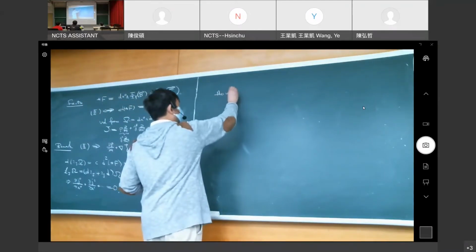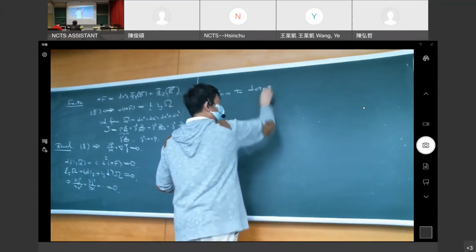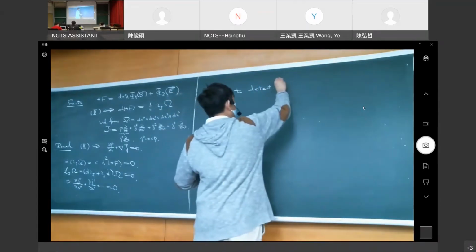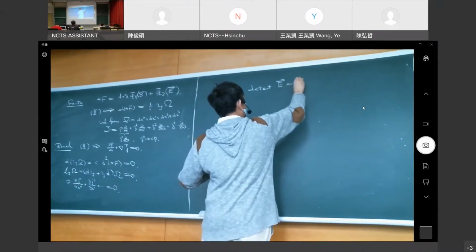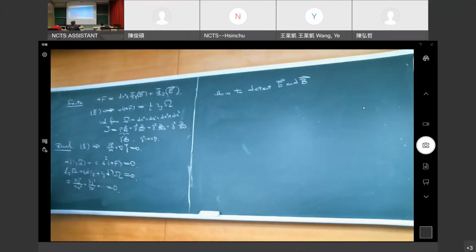We have to answer the question of how to detect E and B concretely. Once we have E and B, then we can construct a two-form, etc. But first of all, how do we realize that in this world we have E and B?